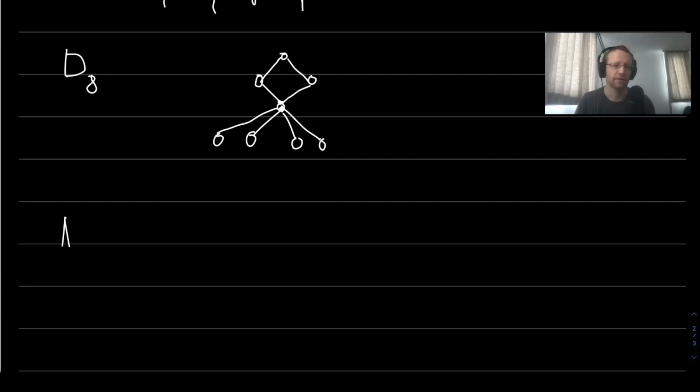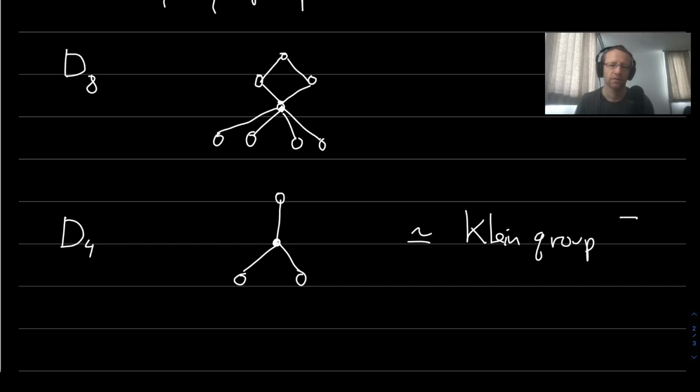This is for D4. We would have a rotation of order 2, and then 2 reflections of order 2, and a little thought shows that this is nothing but the Klein group, Z2 squared.